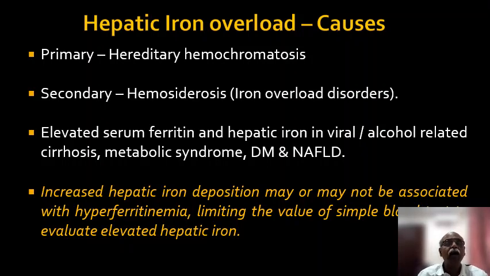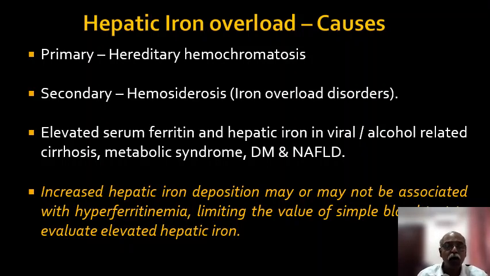For example, I have got a patient with NAFLD or alcohol-related CLD. In such a situation, it is known that in addition to fatty change and fibrosis, they also have an important component of increased hepatic iron because of altered metabolism of iron known as ferritin dysregulation. So this happens in these conditions.